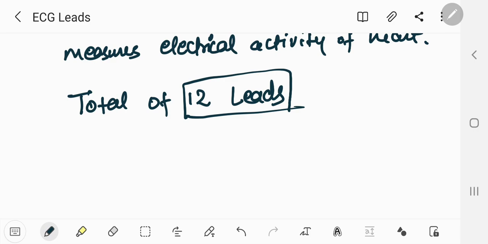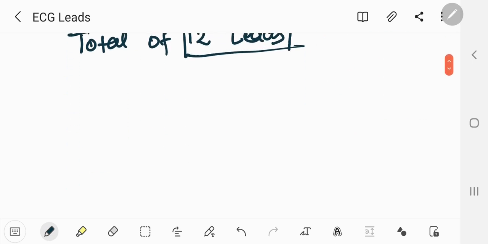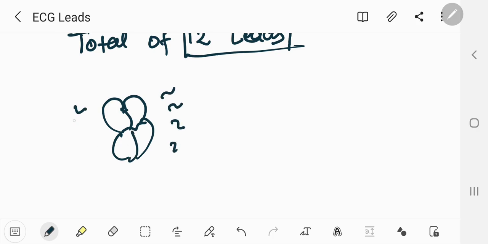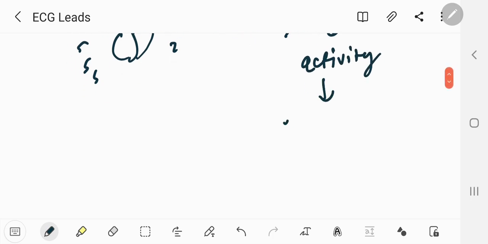Now, what actually happens in the ECG is that when our heart, that is the myocardium, produces some electrical signals, these electrical signals are transferred to the rest of our body, and when we put the ECG leads on the skin of these body parts, the ECG lead picks up the electrical activity from the heart and then displays it on a graph.